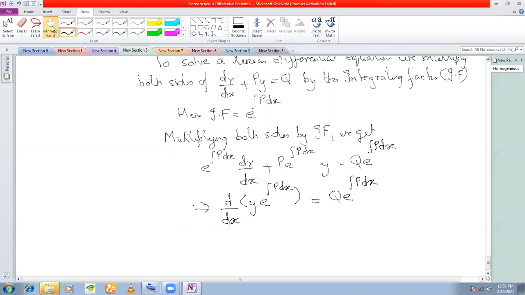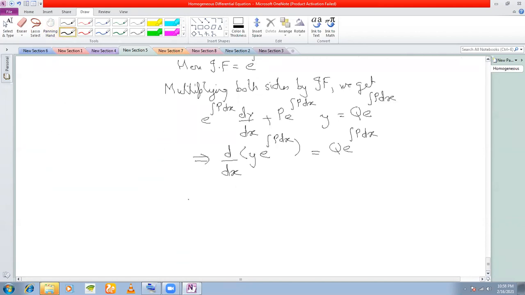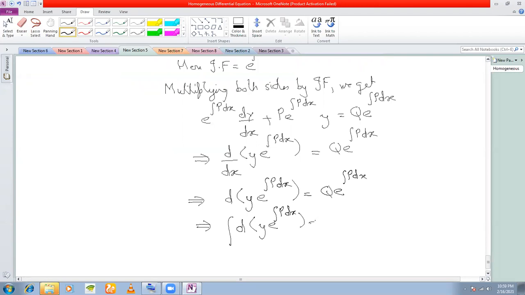Right? Now what happens? We get d of y e to the power of integral p dx is equal to q e to the power of integral p dx. That means now if you integrate both sides, you get integral d of y e to the power of integral p dx is equal to integral q e to the power of integral p dx.